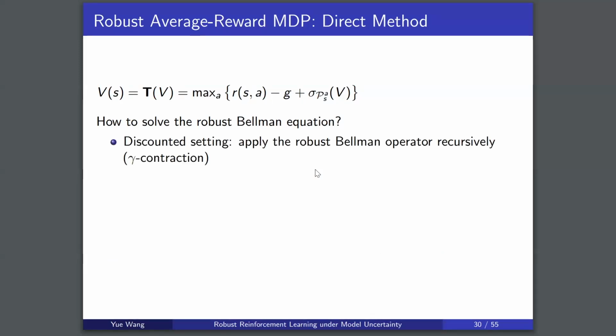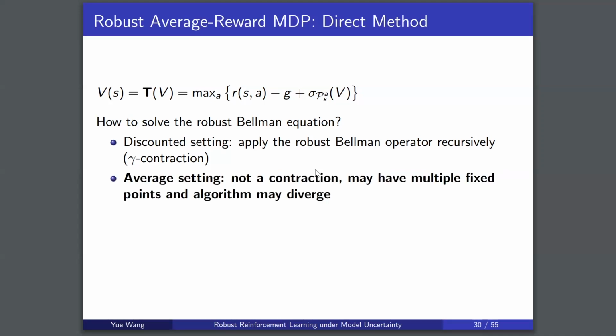Recall that under the discounted setting, the Bellman operator is a contraction, so we can apply this operator recursively and it will converge. But in the average setting, as you can see from the definition here, it's not a contraction, and we have multiple fixed points. So if we directly apply this operator recursively, the algorithm may even diverge.